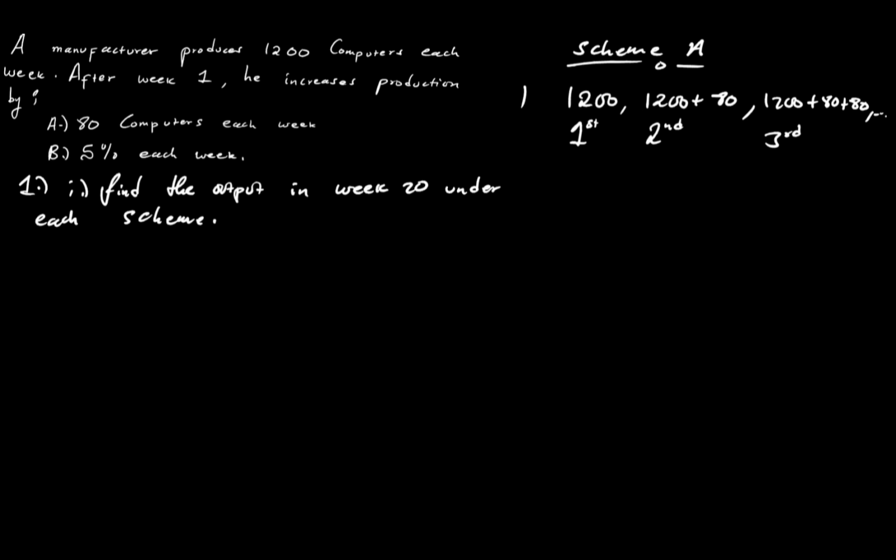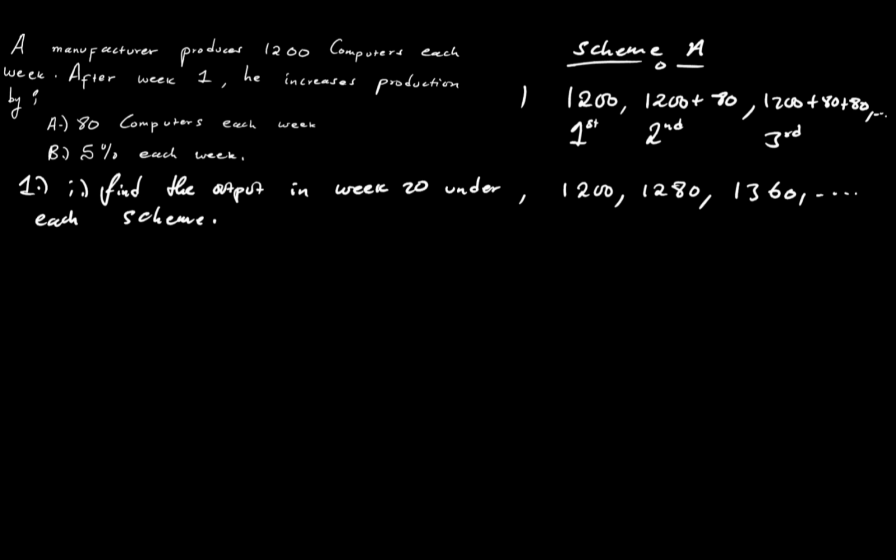Now this will be written as 1,200, then 1,280, then again 1,360. It keeps on going. So I've just summed up the top values in each week. Now that I have that, I can find my output.